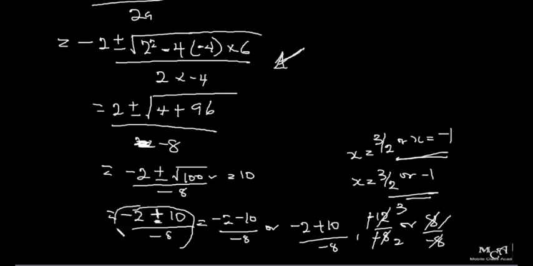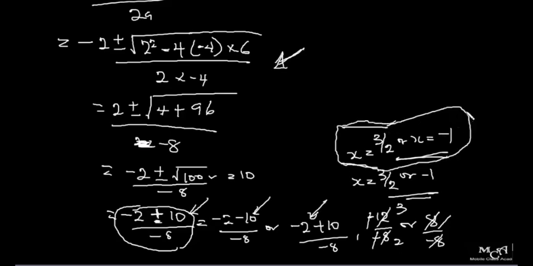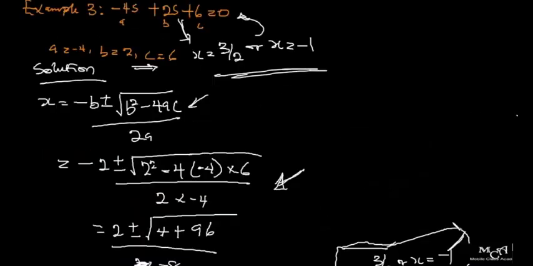So we break this into 2, which gives us this and this, and we solve these two expressions to arrive at what is here. So what is here is the solution to the question we are given. Are you with me? So that's all about example 3.